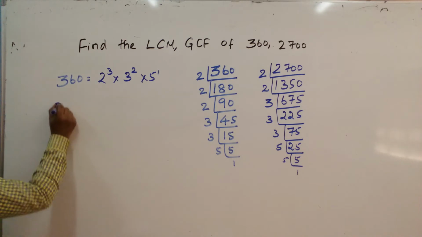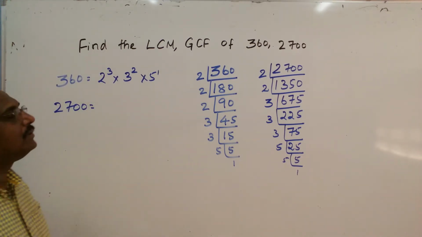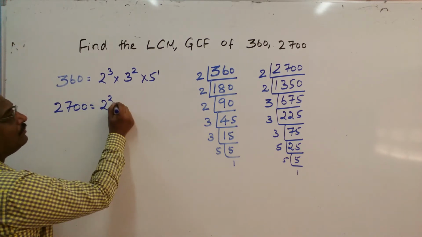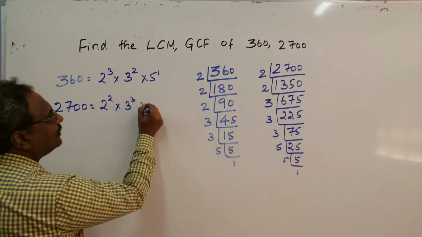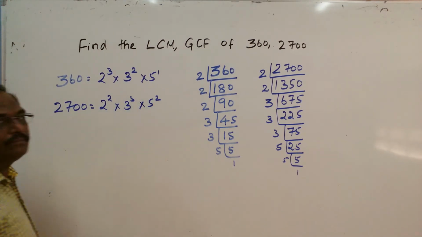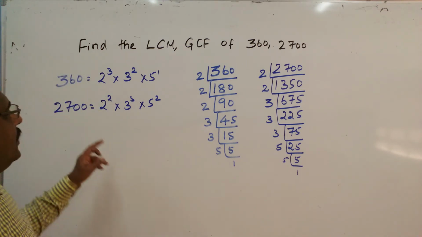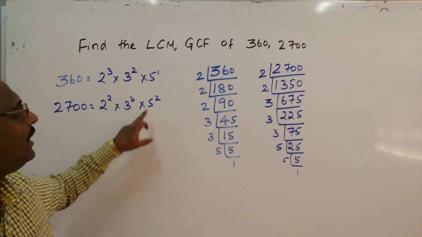So I can write 2700 in prime factors as 2 power 2, 3 power 3, 5 power 2.